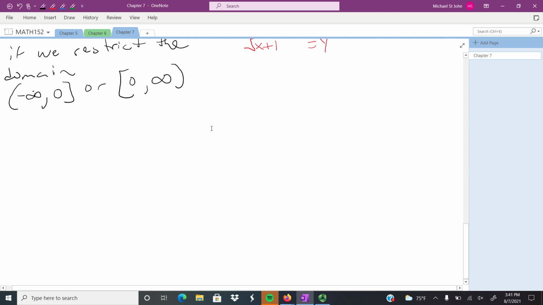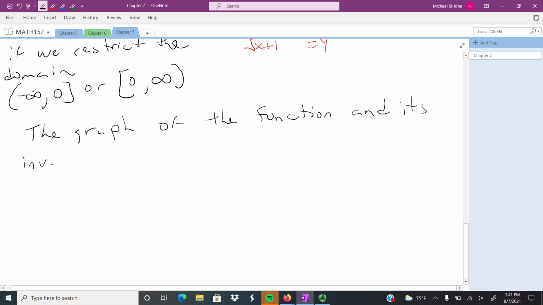So the graph of the function and its inverse will be symmetrical to the line y equals x.